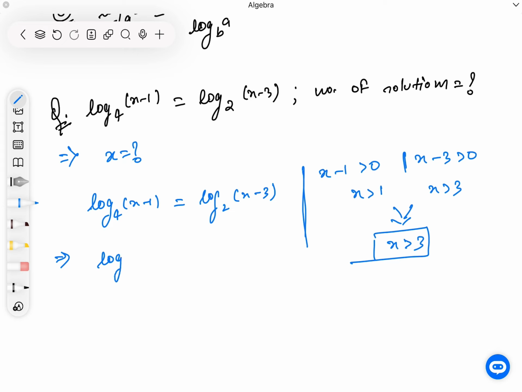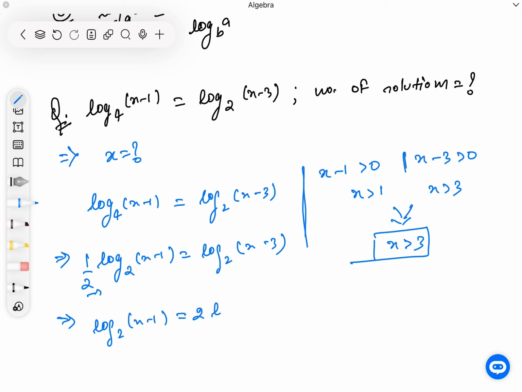Log of x minus 1 with base 2 square, so 1 by 2 log of x minus 1 equals log of x minus 3 with base 2. Yes, 2 square, so the base value goes into the denominator. So 1 by 2. Now I'll take this 2 on the right hand side. So it would be log of x minus 1 equals 2 times log of x minus 3.